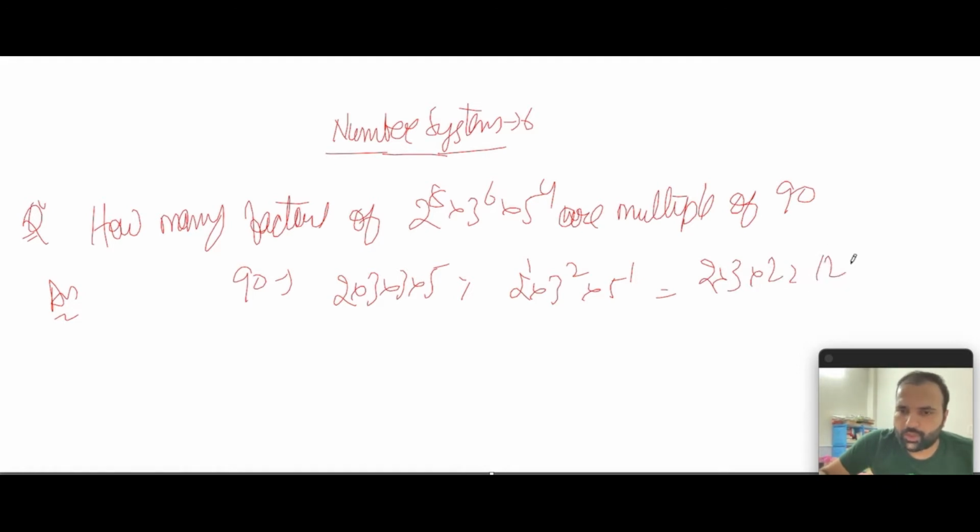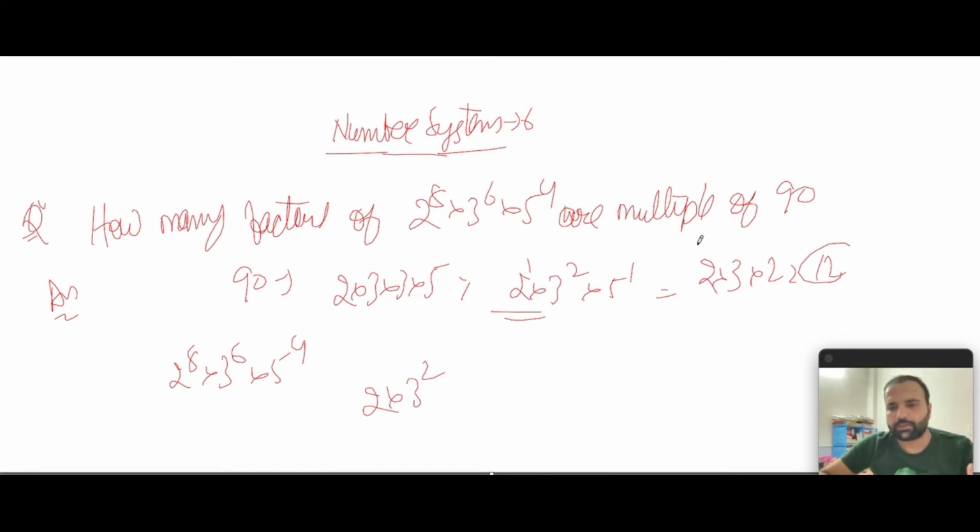Okay, now what we have been given is 2 to the power 8 into 3 to the power 6 into 5 to the power 4. So what do we need to see? We need to see how many factors of this would be a multiple of 90. This is exactly the way we did how many would be even.